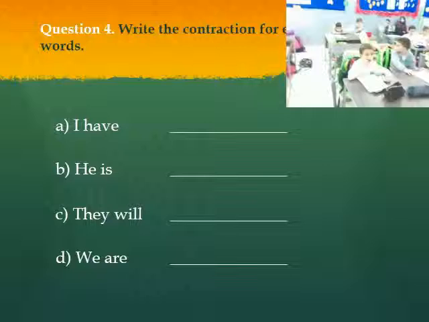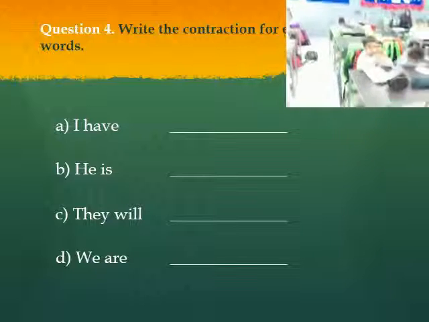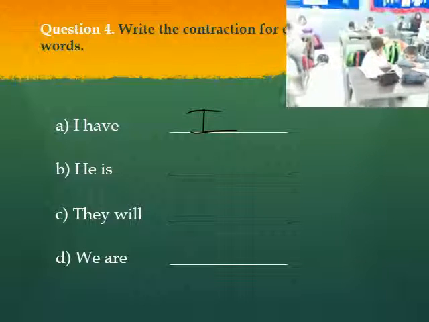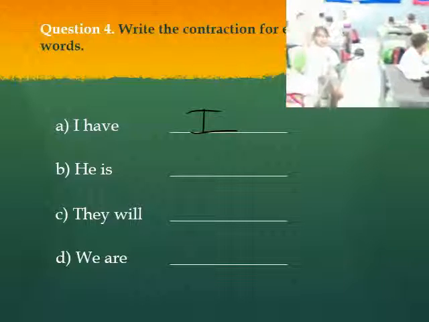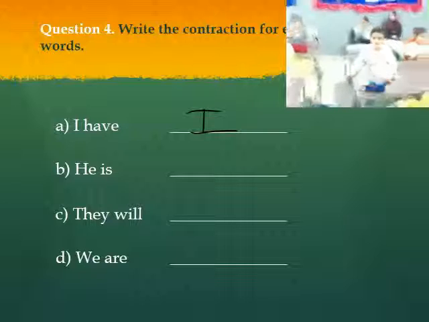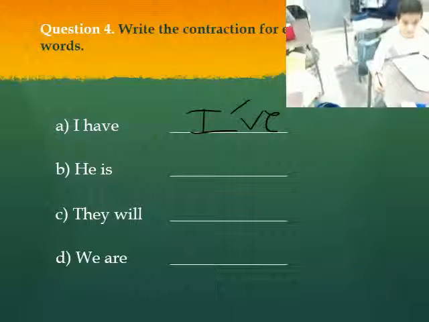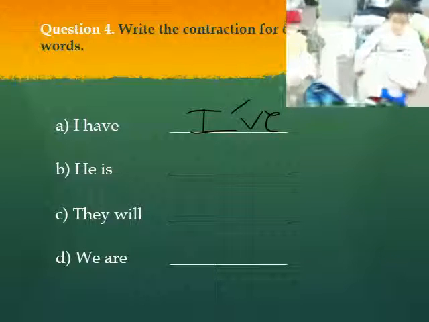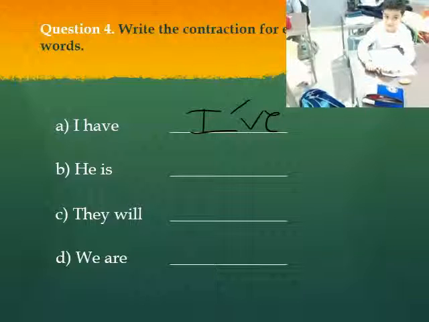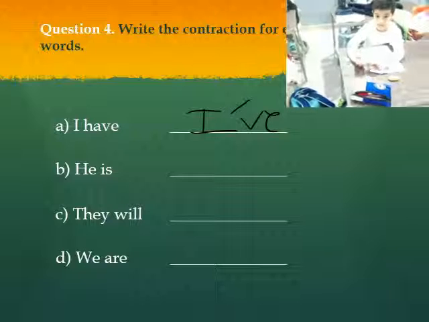Okay, now I'm going to start with writing I have. Now to make those 2 words 1 word, how are we going to write it? Danny, how are we going to write it? Apostrophe VE. So we replaced have with apostrophe VE. And what are the missing letters? H and A. We replaced H and A with an apostrophe.